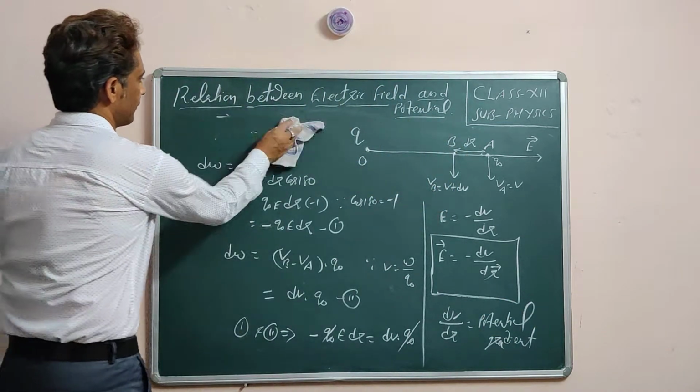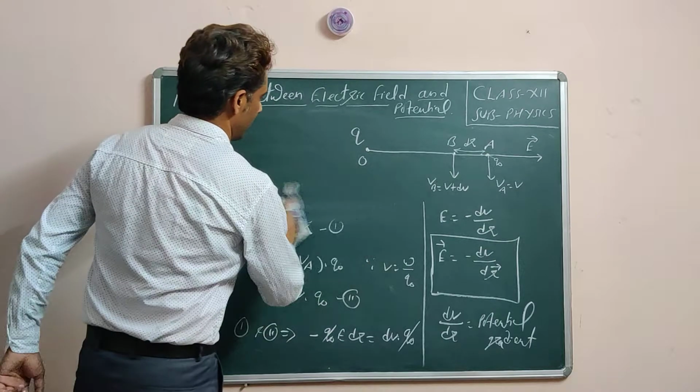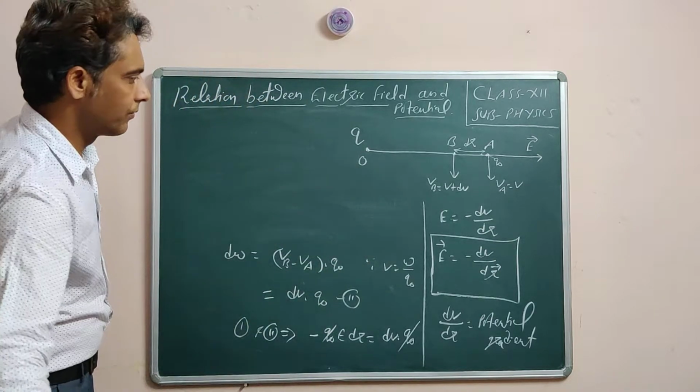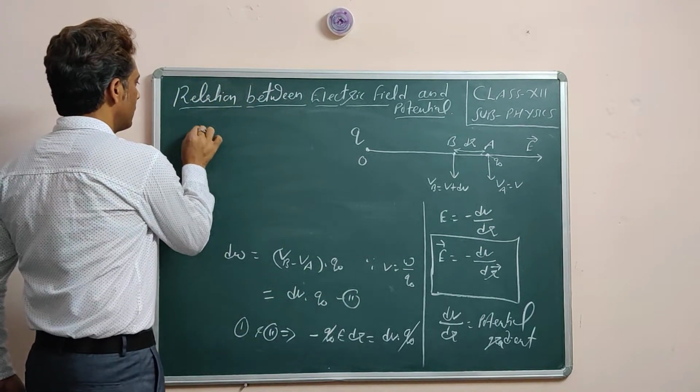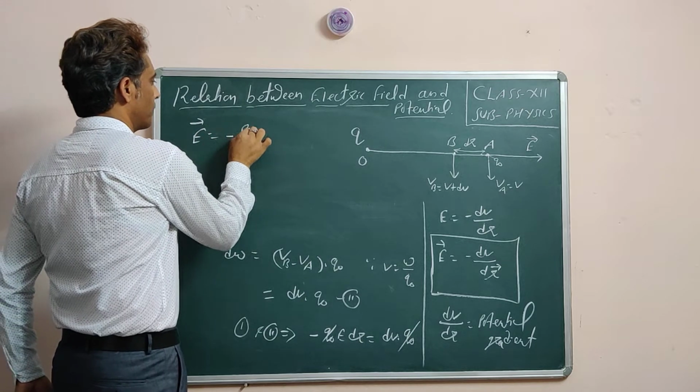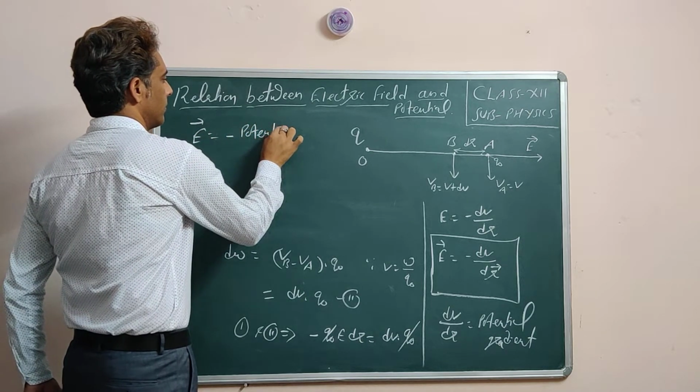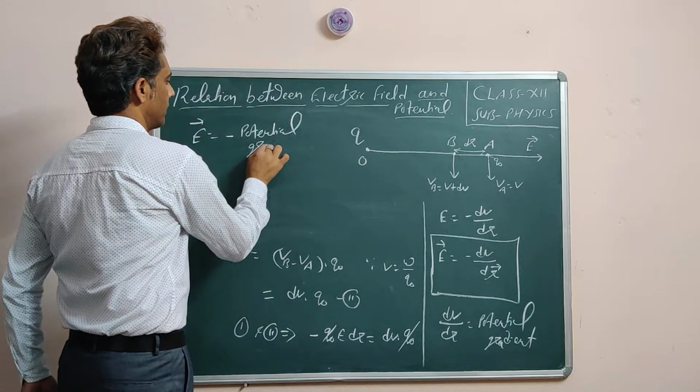So electric field is equal to negative of potential gradient.